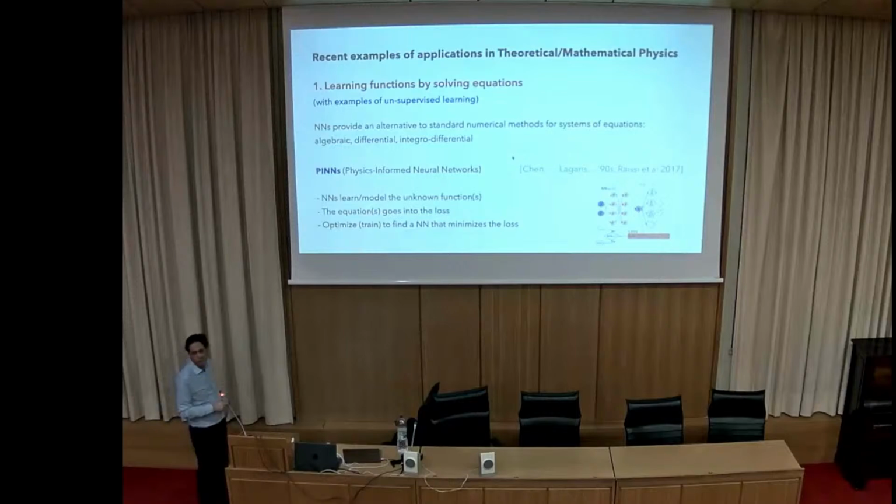So what's the idea here? Pretty simple. You want to solve for a function. Neural networks give you a way to approximate functions. So you say, I will model the function as a neural network, and then I will put the equation in as a loss function. It tells me basically what the error is. So I have some weights, I produce some function, I plug it into my equation, and I see how bad it is.